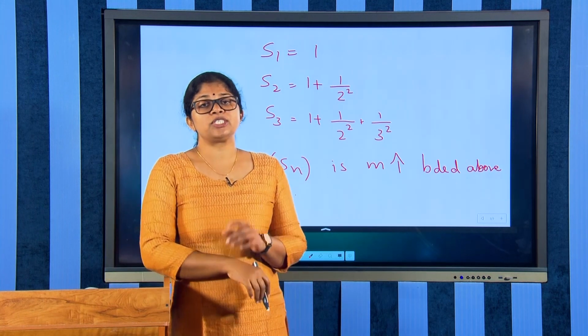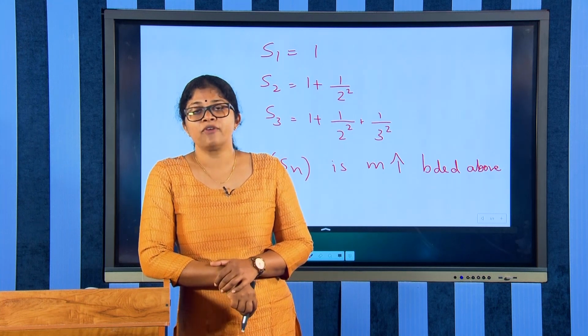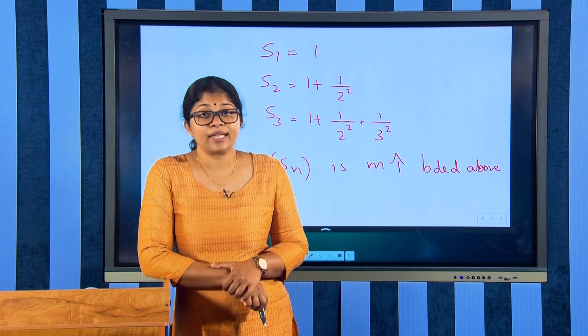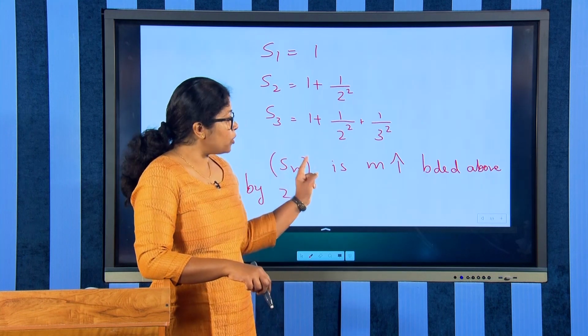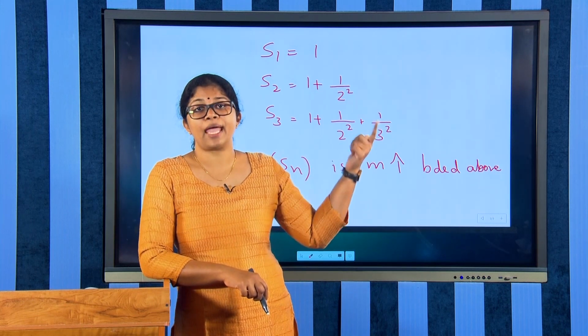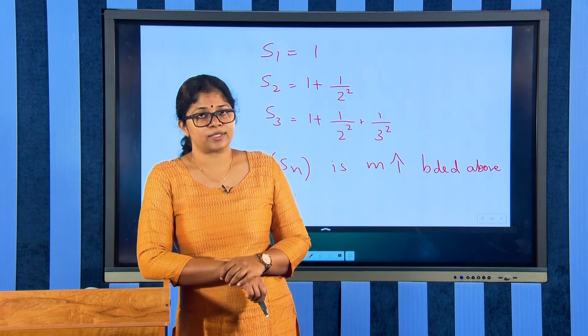In the previous session, when we discussed sequences, we had discussed a theorem which is called the monotone convergence theorem, where we had said that a monotone increasing sequence converges if it is bounded above, and it converges to the supremum of that sequence.